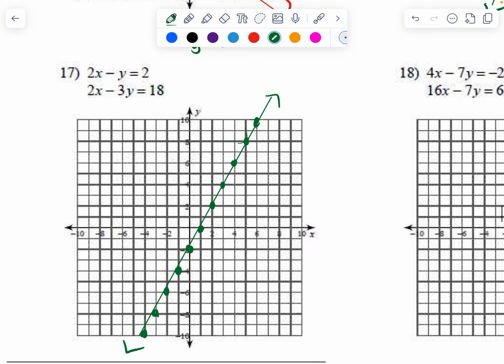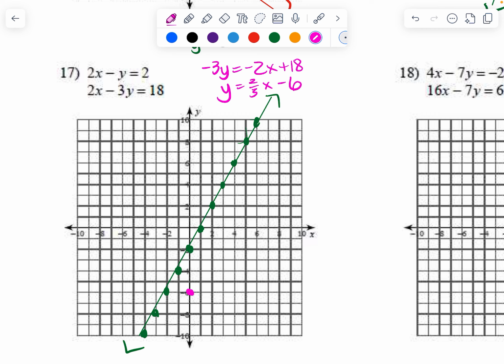That wasn't a very pretty one, but that's okay. This one, solve for y. So I'm going to get -3y equals -2x plus 18. Divide through by a -3, so I get 2/3 x minus 6. So I come here.